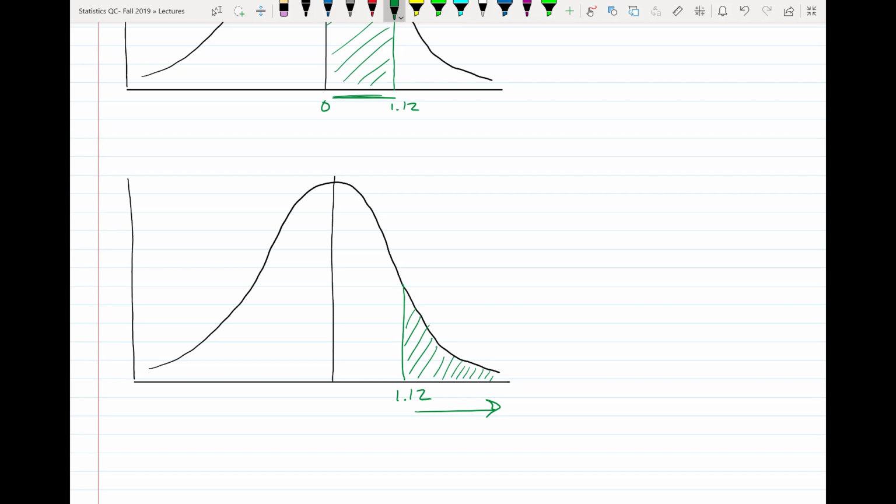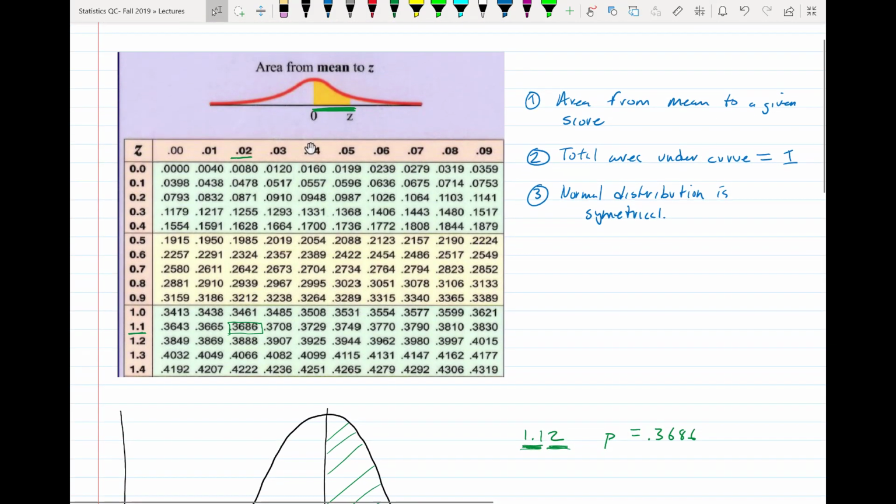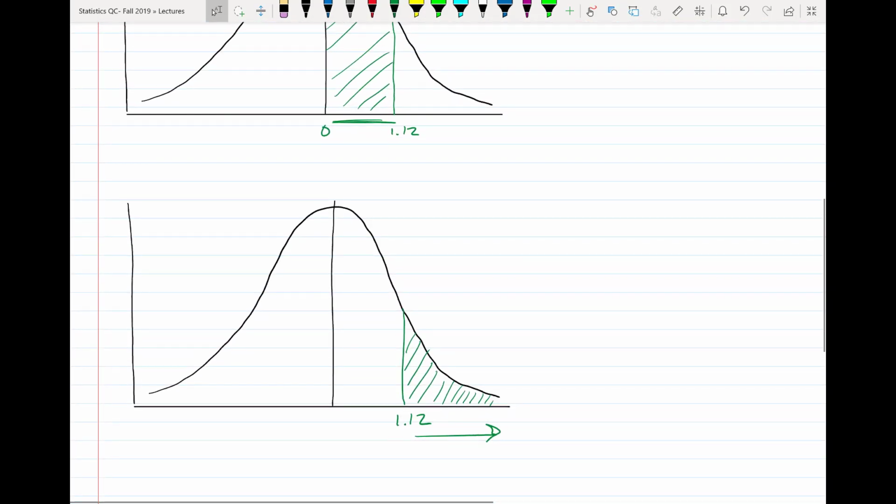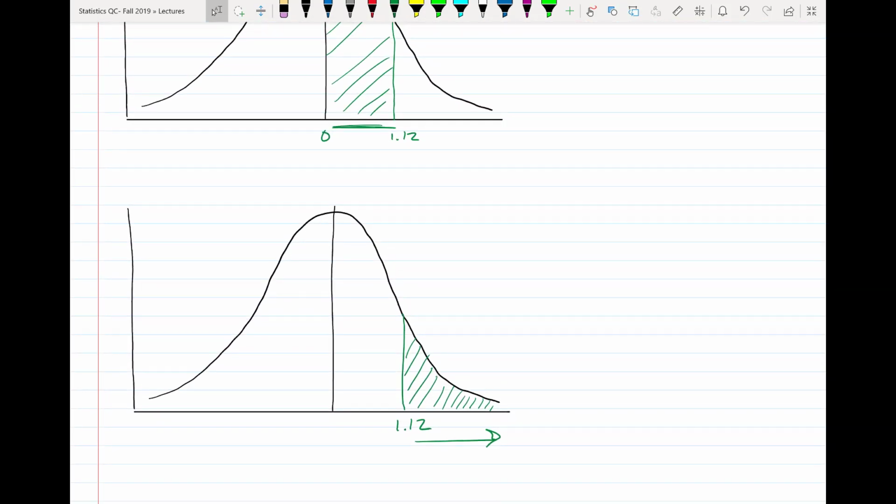So we don't show that on the table. The only thing we show on the table, again, is this from 0 to a z-score, not from the z-score out to the tail. But we can compute that easily, remembering that the total area to the right of the mean, that I have in blue here, is 0.5.